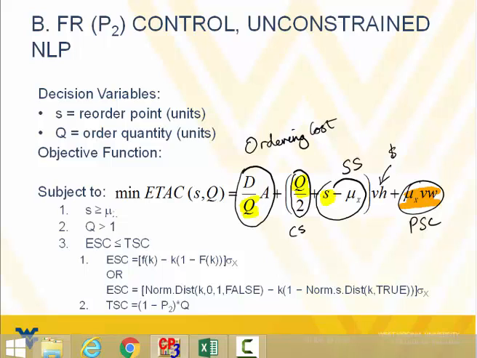So each order Q, we want to make sure that we are only short by 10% of Q. Does that make sense? Target shots per cycle is how much of demand we want to be short by each cycle. So we cannot fulfill that much of demand in each ordering cycle.